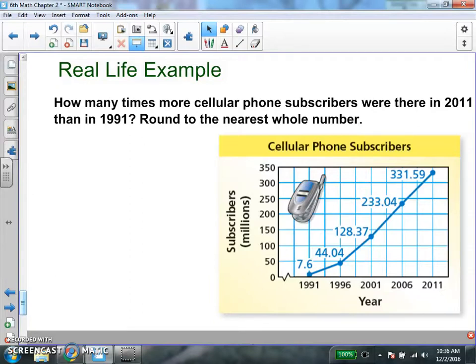Okay, let's look at our line graph over here. I notice on the bottom I have years, and on the y-axis I have subscribers, so how many people have one, in the millions. So where we start at 1991 is actually 7.6 million people. Actually, it seems like quite a bit of people for 1991.